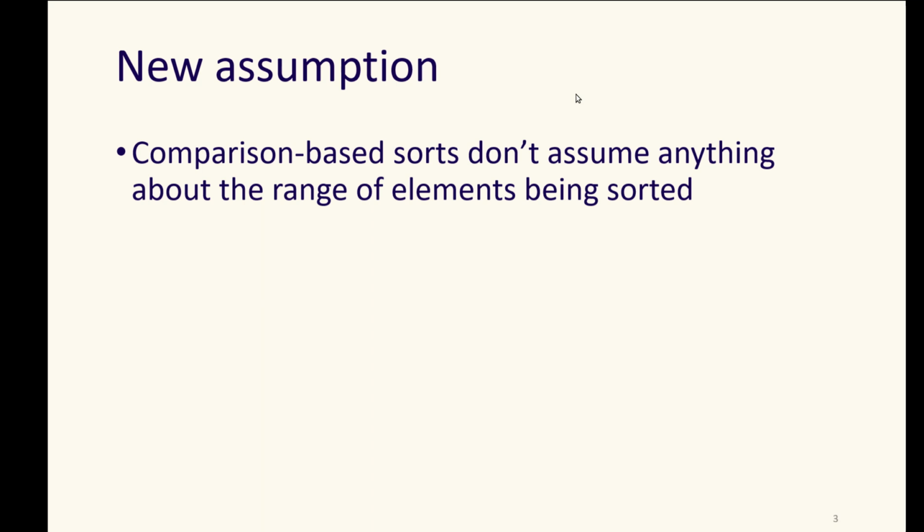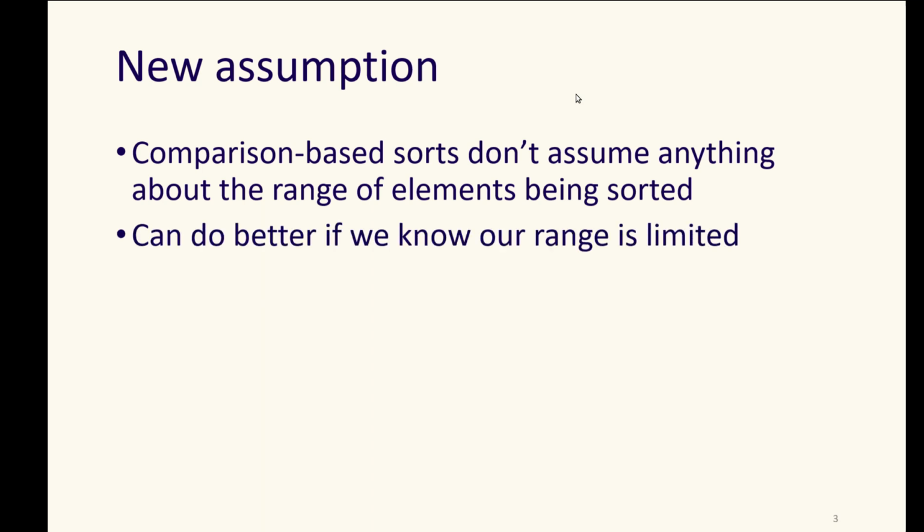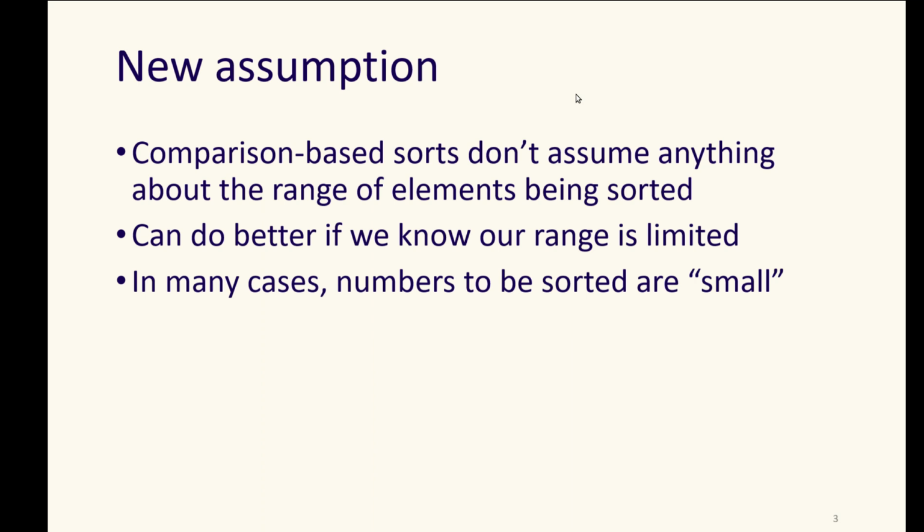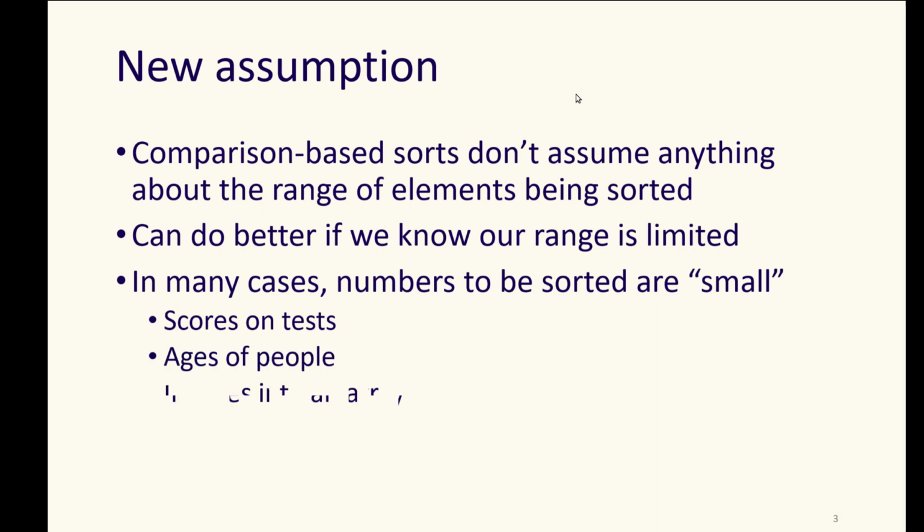If we limit some assumptions about our data, then we might be able to do a faster sort that way. For example, if the range of our data was limited, we're often looking at a small range of things, like the scores on a test always fit into a range of 0 to 100. The ages of people are pretty limited.